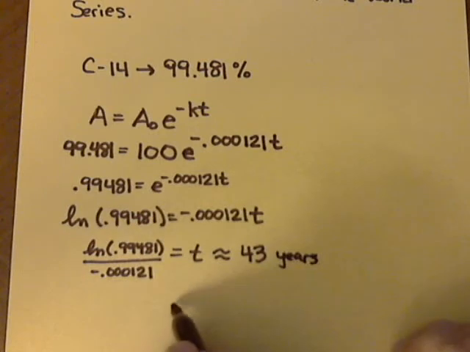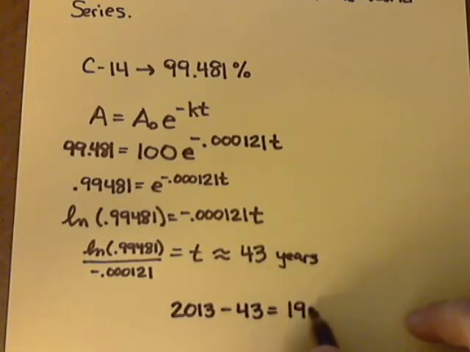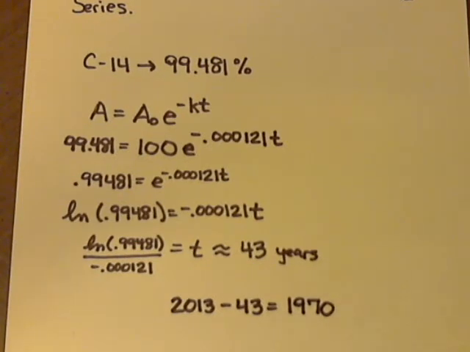Okay. Well, if it's 2013, we go back 43 years from that, which means that the tree that this came from would have been chopped down in the year 1970.